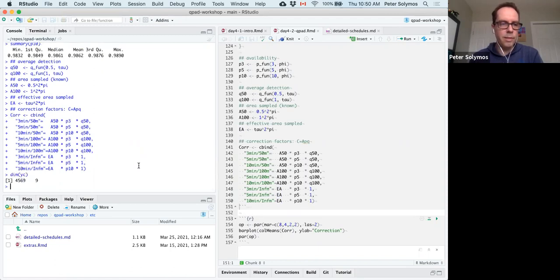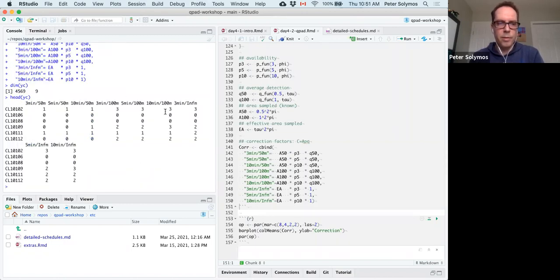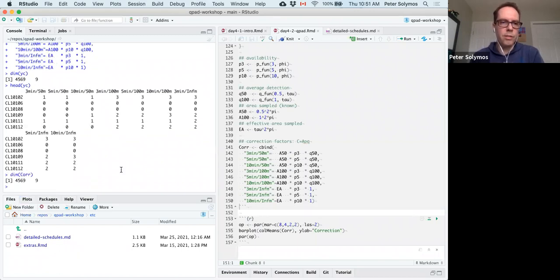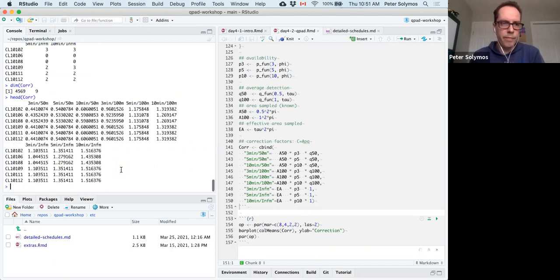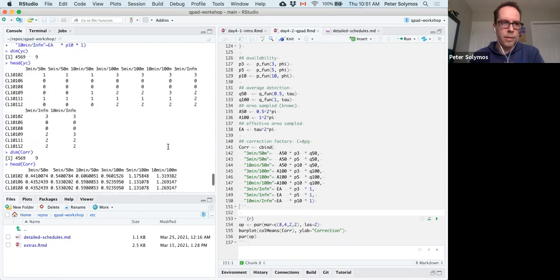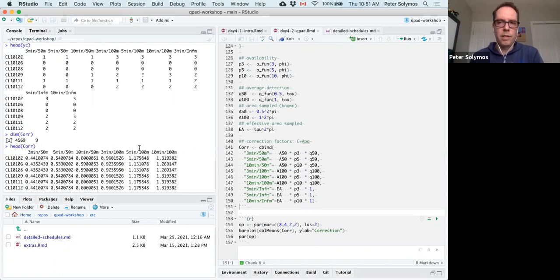So this was the combined one where we had the counts for these pretend protocols. And now we have this correction matrix, same dimensions, same headings. So now we have the counts and the corresponding corrections.